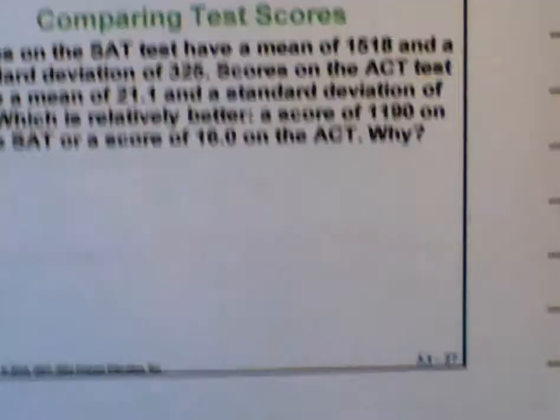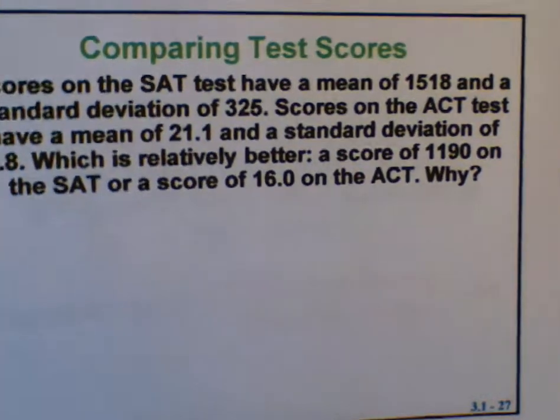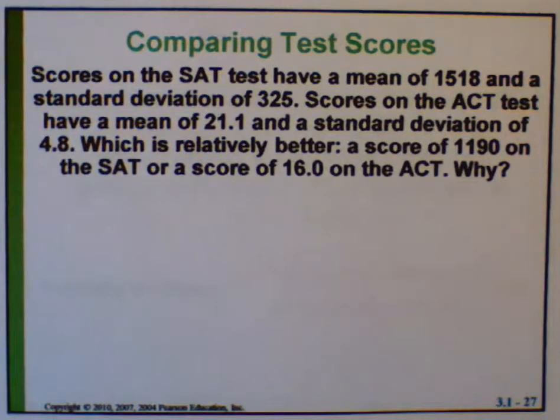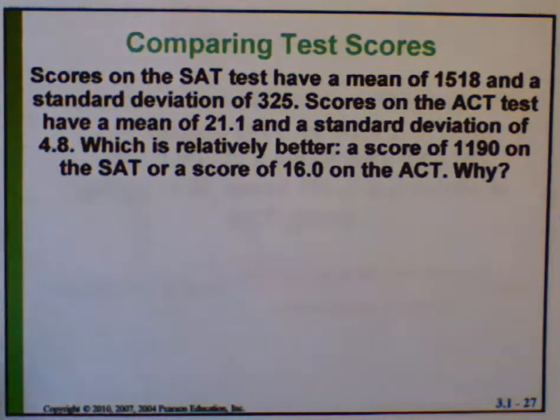All right. I think I'm going to do this last example and then break and do part 3 of the video in just a minute. I mentioned in the beginning that z-scores are good for comparing data that comes from data sets with different means.